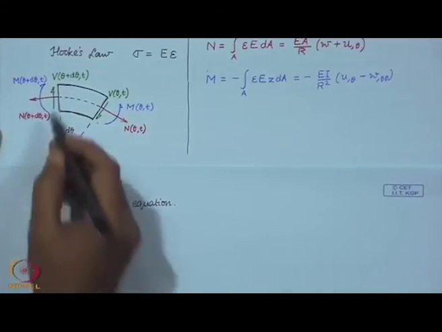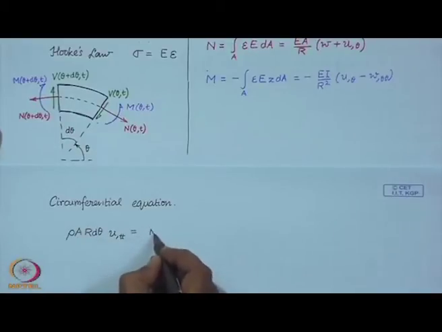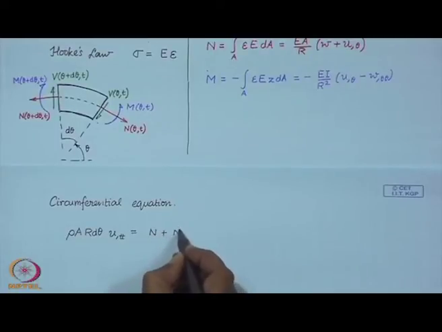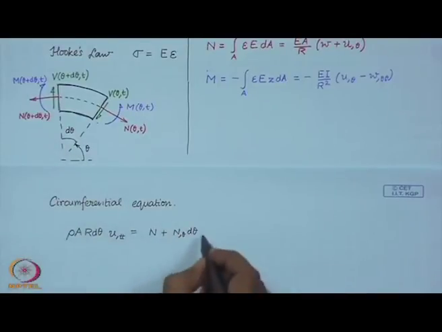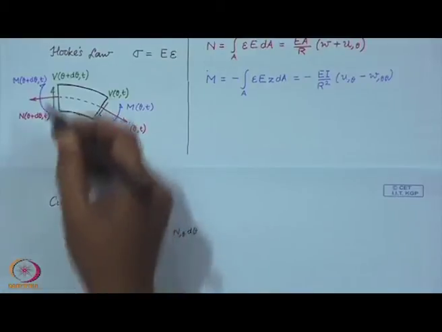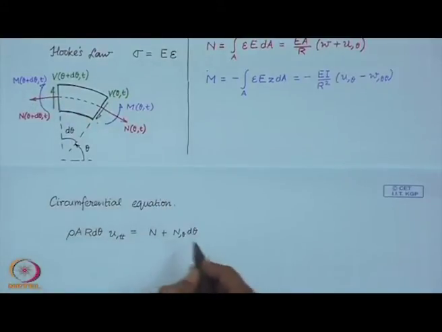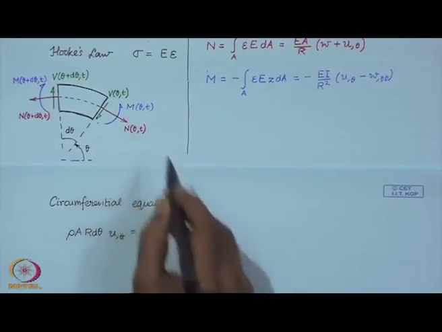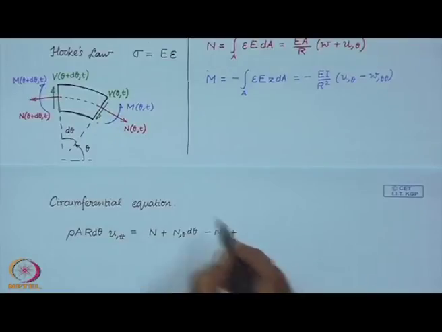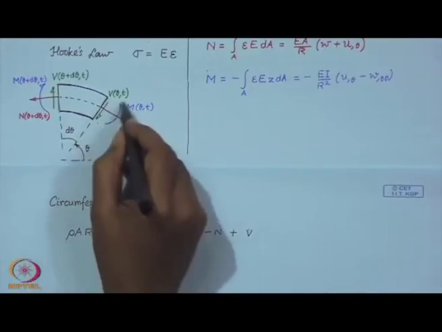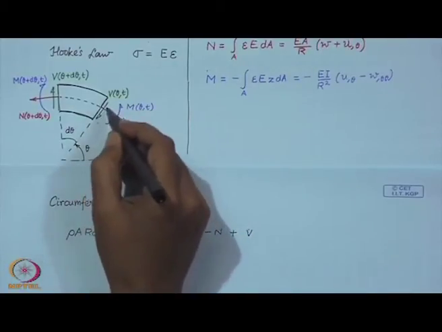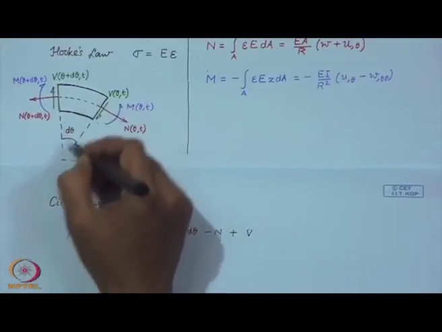In the circumferential direction we have n at theta plus d theta, which can be written as n plus del n del theta times d theta, and this minus n, multiplied by the cosine of this small angle. That is small, so that is taken as 1. Then plus, because of the shear force, for example, here it is this times the sine of this small angle, which is d theta over 2.